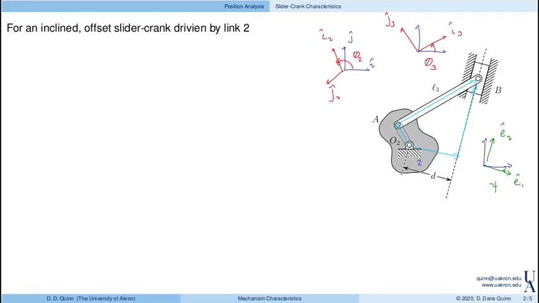So we need an additional coordinate to describe the displacement of the slider, and we'll define that as x.